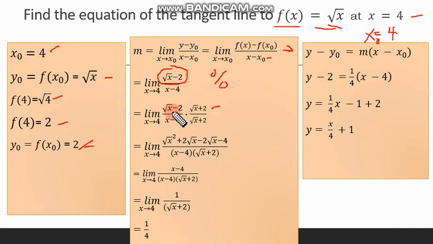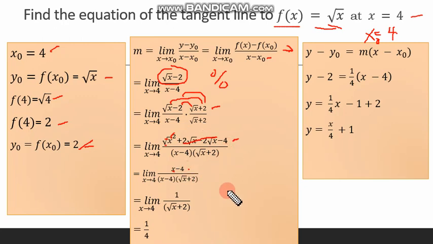So square root of x times square root of x is square root of x squared. Square root of x times 2, that's 2 square root of x. Negative 2 times square root of x, that's negative 2 square root of x. And finally, negative 2 times 2 is negative 4. We could simplify this one. Square root of x squared is x. 2 square root of x minus 2 square root of x, that's 0, negative 4.